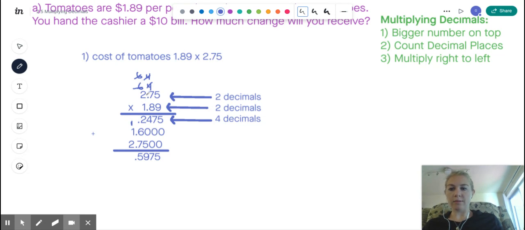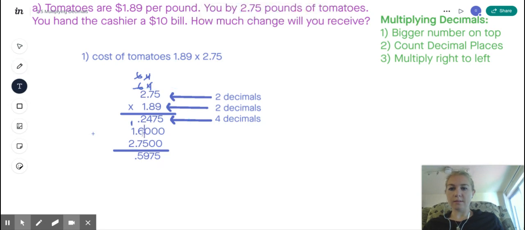Then 8 times 2 is 16, but I didn't add my 6. That's what happened. 16 plus 6 is 22. That's why I kept getting the wrong answer. I didn't add my 6.